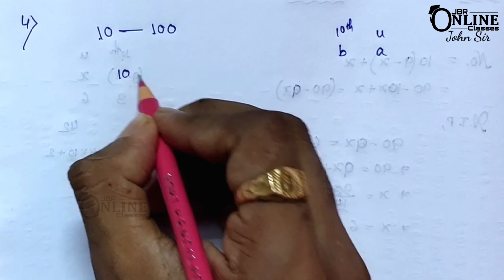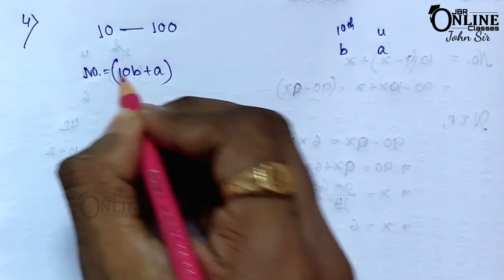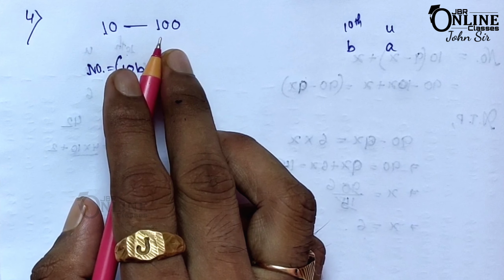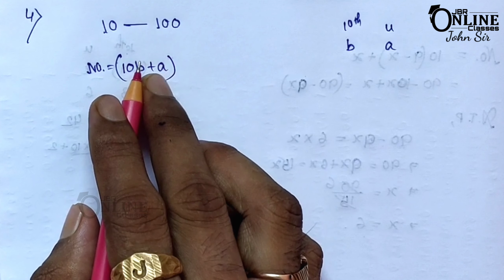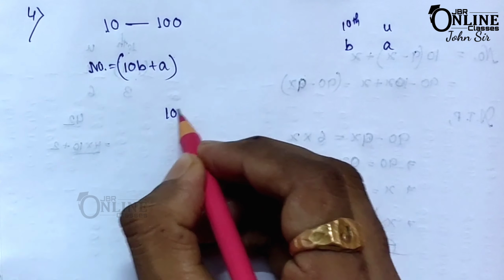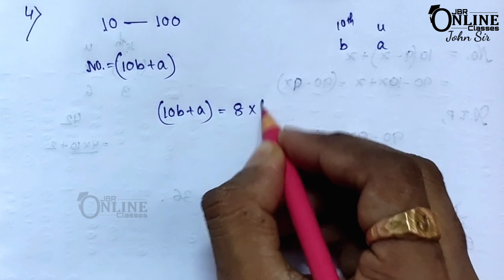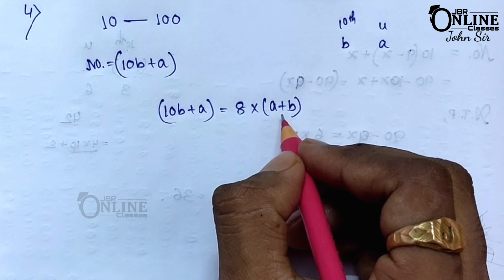So the number will be 10b plus a. So 10b plus a is the 2-digit number in between 10 to 100. Okay, and this one is 8 times of the sum of their digit.